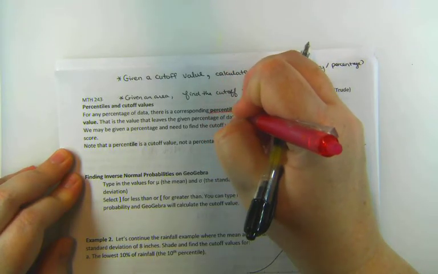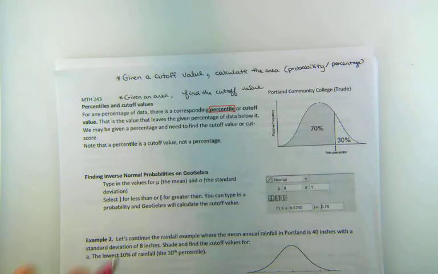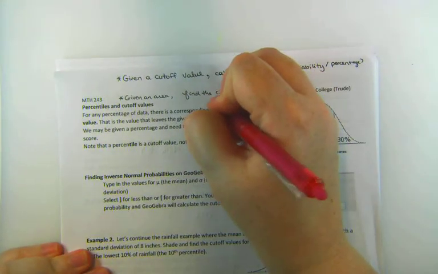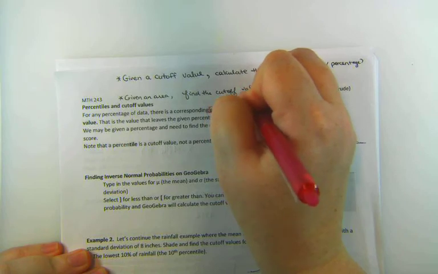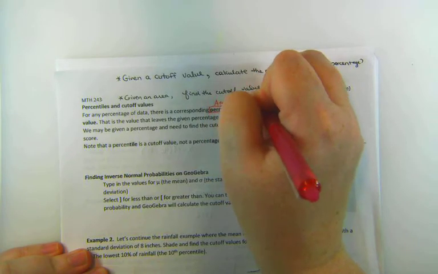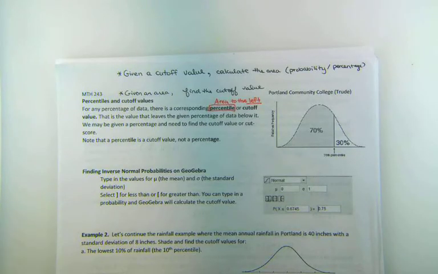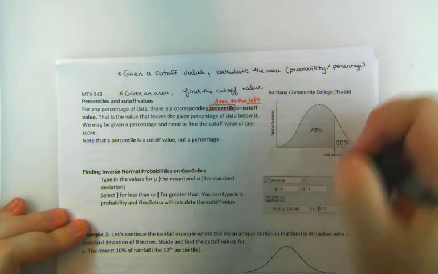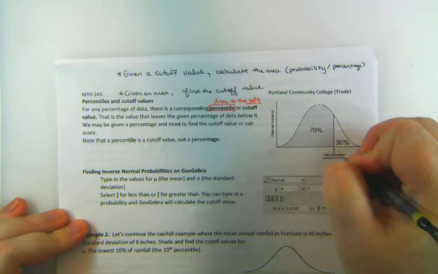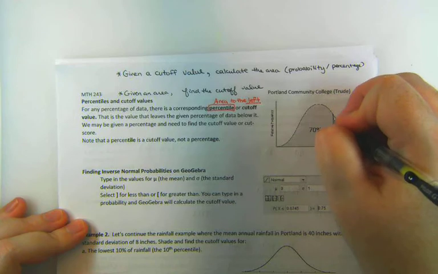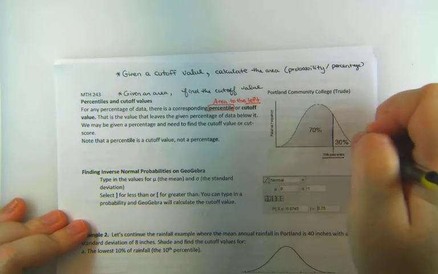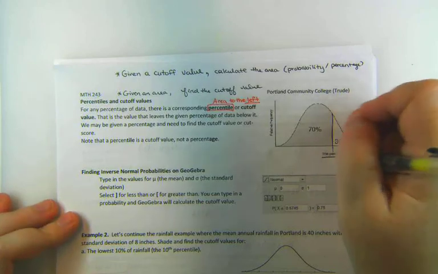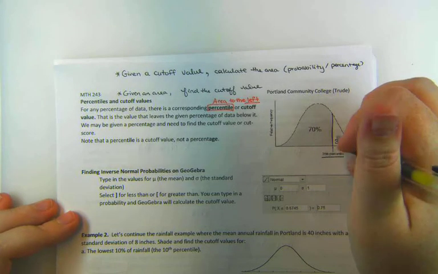Some wording that's going to come up in this section is the term percentile. If you see percentile, that always means area to the left. Always to the left. So right here, the picture is showing us the 70th percentile because it's this cutoff point that separates the lower 70% from the upper 30%.